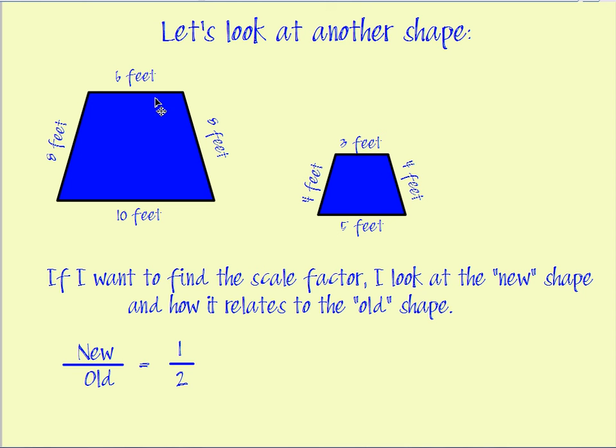If I take any of those corresponding sides, 3 over 6, 4 over 8, or 5 over 10, I get the ratio 1/2 when I reduce the fraction. Hence, my scale factor is 1/2. I can also say that my new shape is half the size of my old shape.